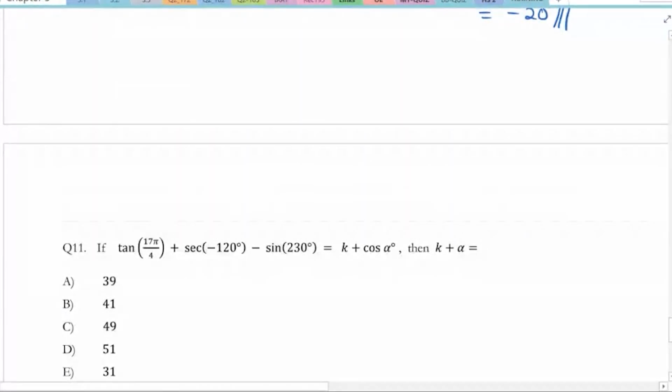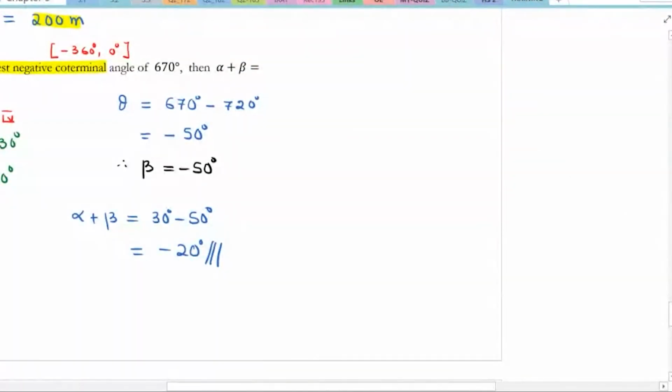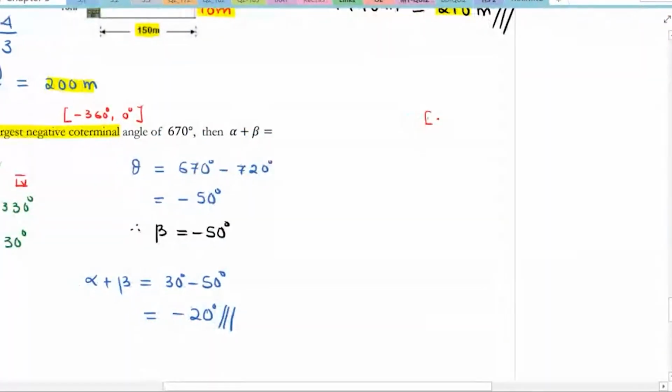Amar. Yes, doctor. If he said the smallest coterminal, what should we do? If he says the smallest, it has to be positive. So when he says the smallest positive coterminal, that means you'll be looking for an angle between 0 degrees and 360 degrees.